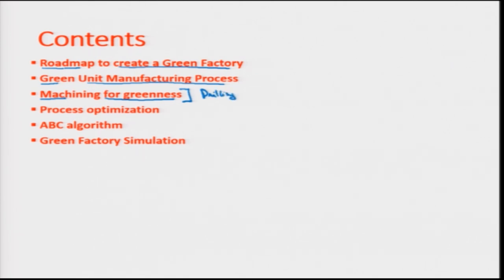This is the unit manufacturing process that we have picked. Then we will see how to optimize the process. For optimization, the metaheuristic algorithms were discussed in the last week, like tabu search, then genetic algorithm, and certain other metaheuristic algorithms. I have picked a similar algorithm here, which is the ABC algorithm, the artificial bee colony algorithm.